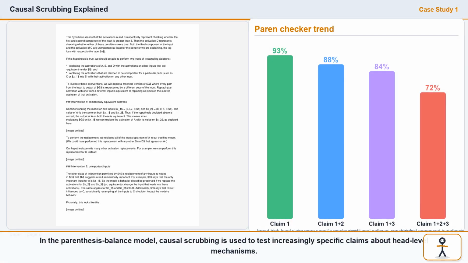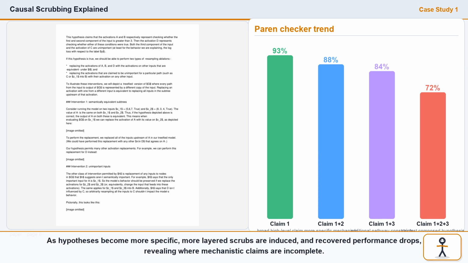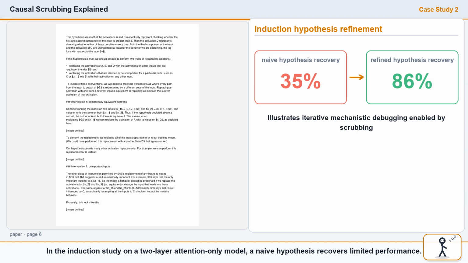In the parenthesis balance model, causal scrubbing is used to test increasingly specific claims about head-level mechanisms. As hypotheses become more specific, more layered scrubs are induced, and recovered performance drops, revealing where mechanistic claims are incomplete. In the induction study on a two-layer, attention-only model, a naive hypothesis recovers limited performance.